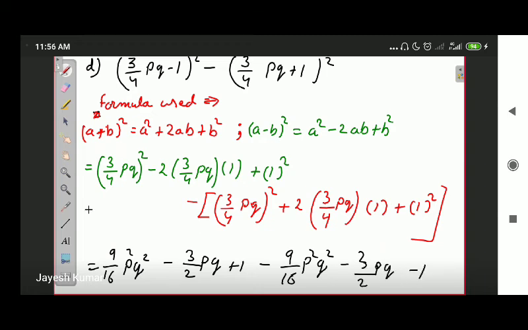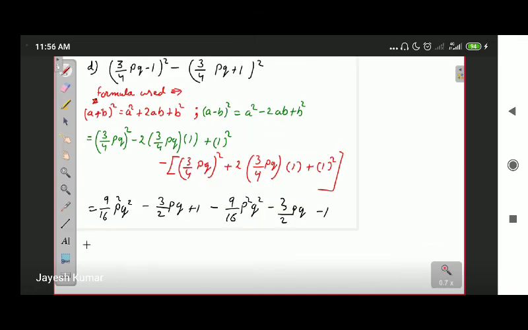Once again you simplify the terms and you will get this, and this will cancel out, this 1 and minus 1 will cancel out. Finally you will get 6 upon 2 p cube or minus 3 p cube. This time your answer is negative, previously your answer was positive.